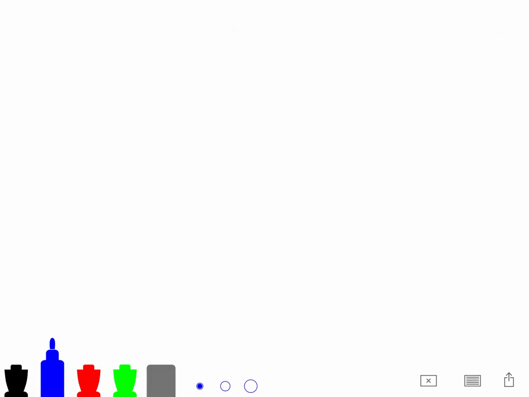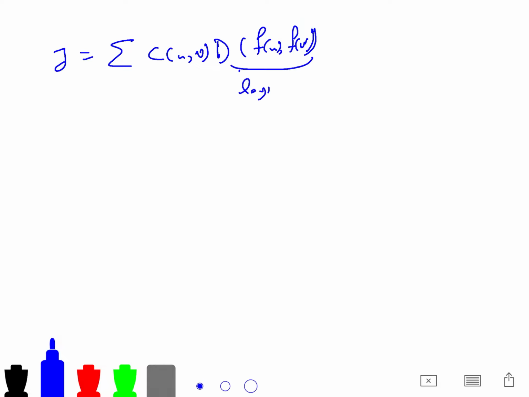So let's forget this. Any solution to the zero extension problem, J is equal to the sum of C of U and V times D of F of U and F of V. Because this is log K delta U and V using the CKR algorithm.